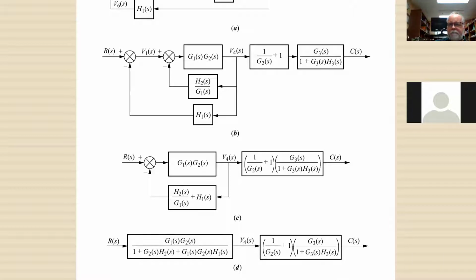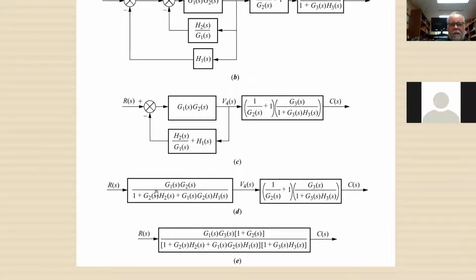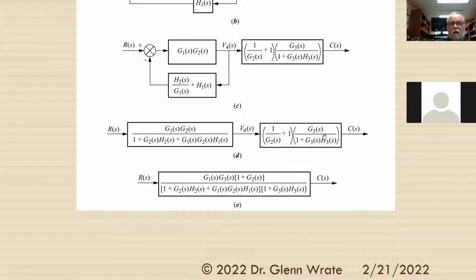Now, the next step, we've got a forward gain and a loop. Again, I'm going to go through this later, but you can write that out in this form right here. And then the final step is just multiplying these 2 things together. So this is block diagram algebra.